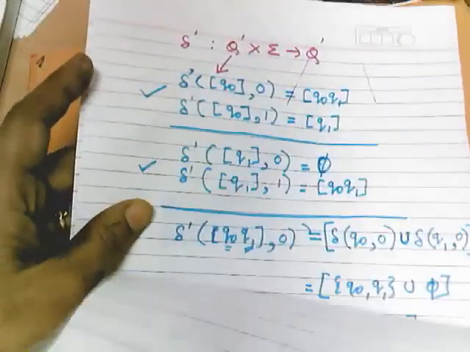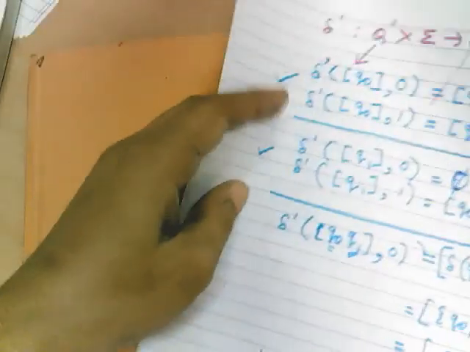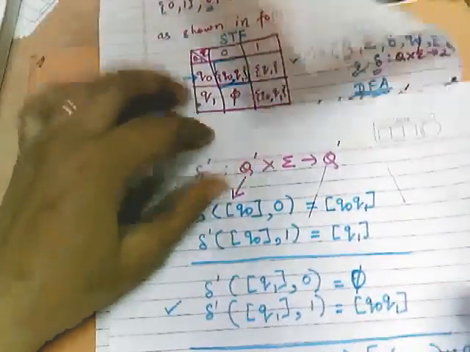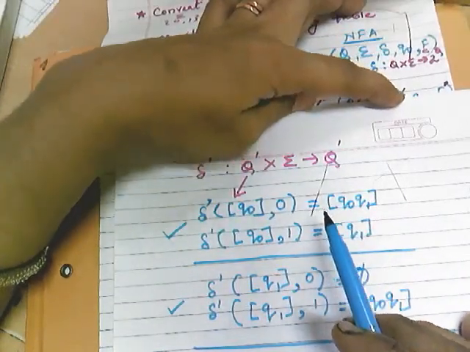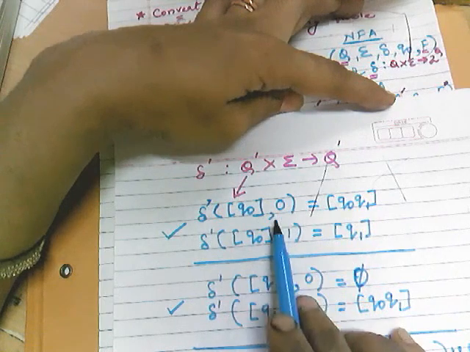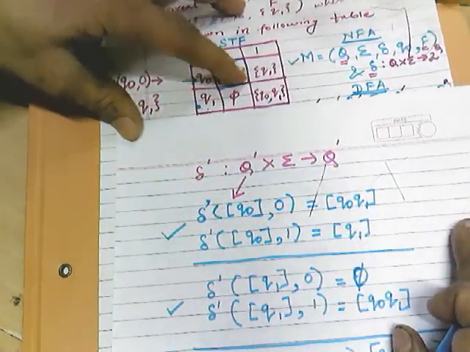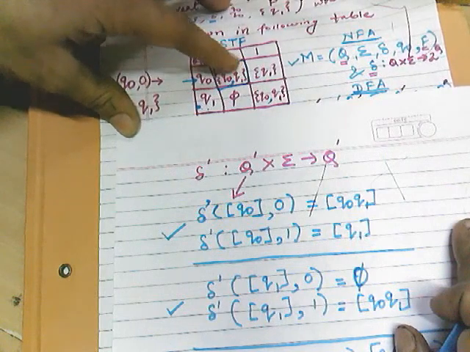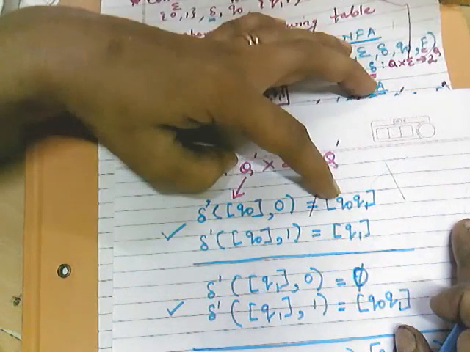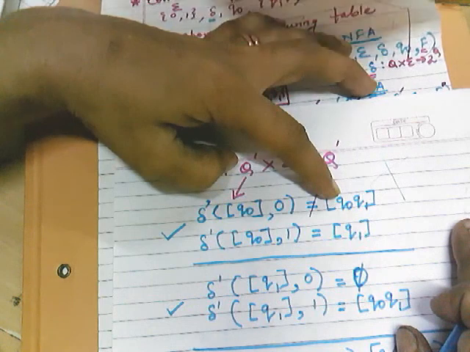Then how have we identified the delta dash function? We have used this table, the delta function, to find out the value of this. So this is nothing but delta dash q0 comma 0. We have seen this particular STF function, and from there whatever is the combination of states is considered as the state.